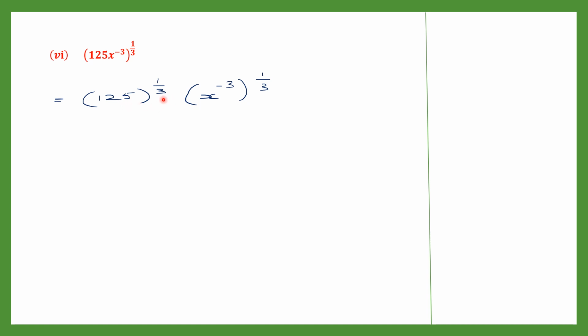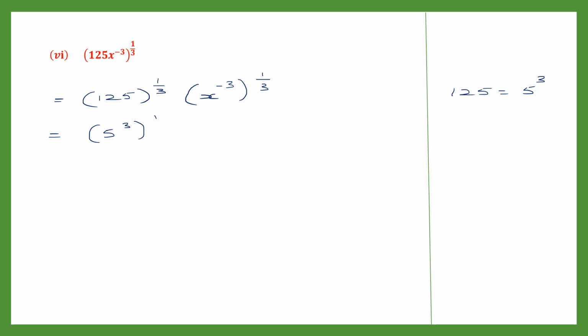Here since it's 3, how can we make this a number with the power 3? That will be 5, isn't it? Because 5 into 5 into 5 is 125. So 125 is 5 to the power of 3. So instead of writing 125, we can write 5 to the power of 3.